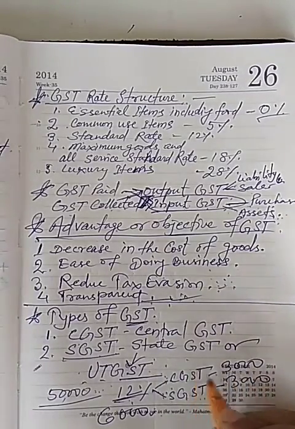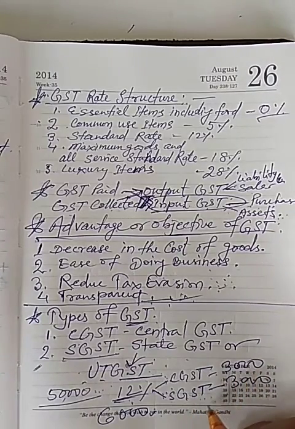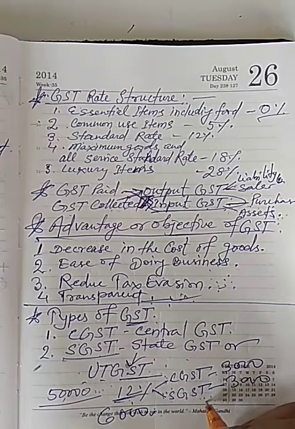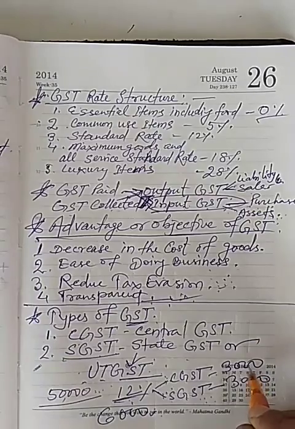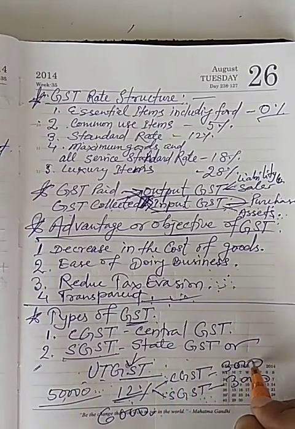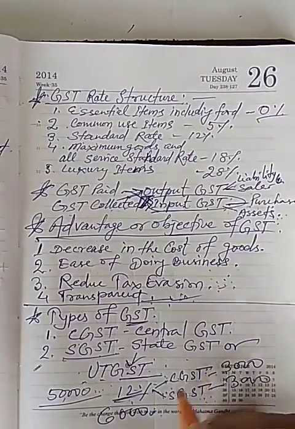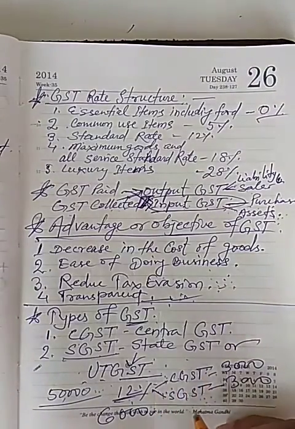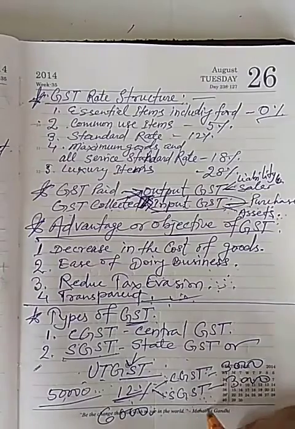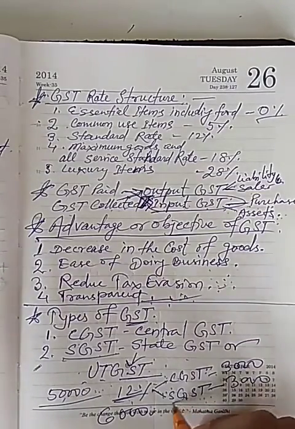It means 6% CGST and 6% SGST. CGST will go to the central government and SGST will go to the Rajasthan government.